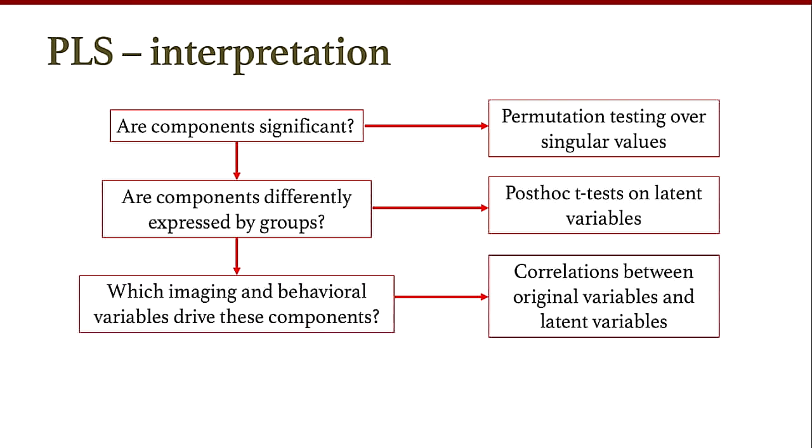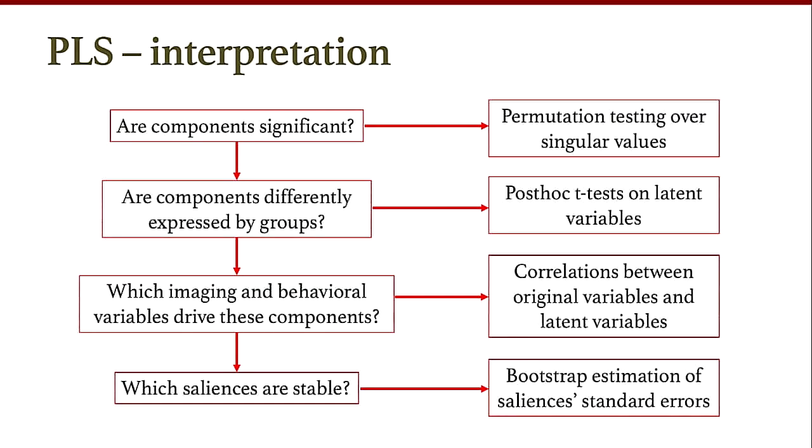And then the main question, I guess, is how to interpret these components. What is driving each of these components, and which imaging and behavioral variables are driving them? For this, you compute correlations between your original variables and your latent variables. And finally, you want to know which saliences or which weights in your behavioral data or your imaging data are stable. For this, you do bootstrap estimation of the salience standard error.